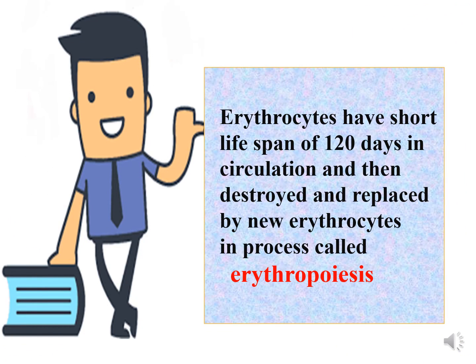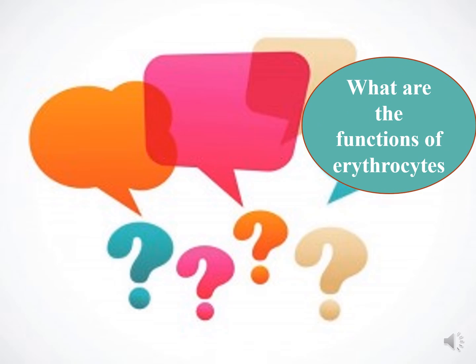Erythrocytes have a short lifespan of 120 days in circulation and then are destroyed and replaced by new erythrocytes in a process called erythropoiesis. إذا نلاحظ إنه حياة الأريثروسايت يكون تقريبا 120 يوم، بعدها تموت هذه الخلايا وتعوض بخلايا جديدة بعملية نطلق عليها erythropoiesis. What are the functions of erythrocytes?